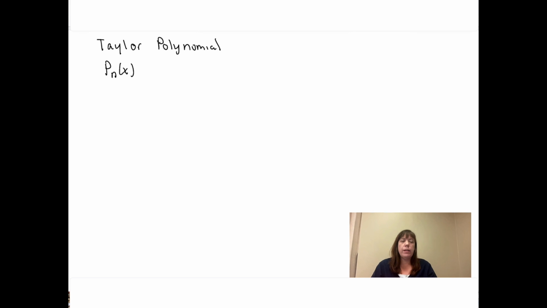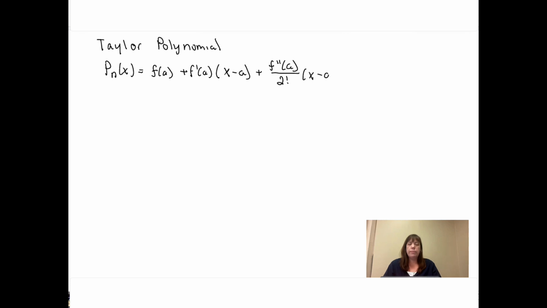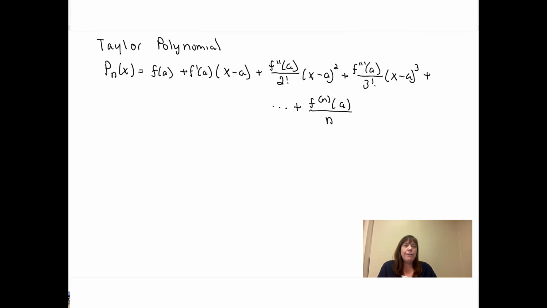If we want to find the polynomial P_n(x), that would be f(a) plus f'(a) times (x minus a) plus f''(a) divided by 2 factorial times (x minus a) squared plus f'''(a) divided by 3 factorial times (x minus a) cubed, plus, and we go all the way until we get to the nth derivative of f at a, divided by n factorial, times (x minus a) to the nth.